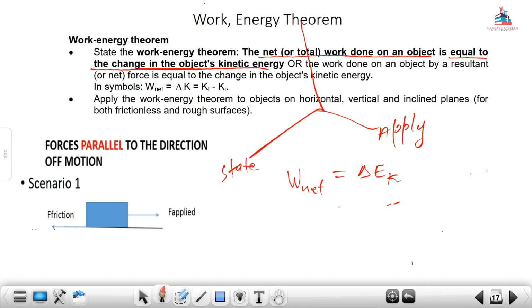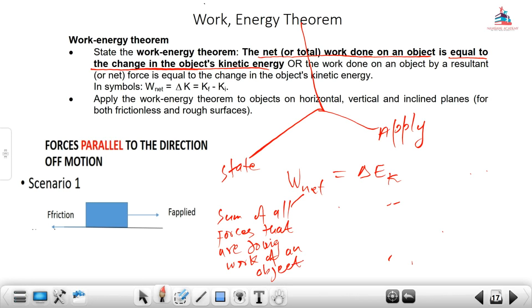So remember, the work net is the total work done on an object. So this must be from what? From all the forces that are doing work. So this should be the sum of all forces that are doing work on an object.